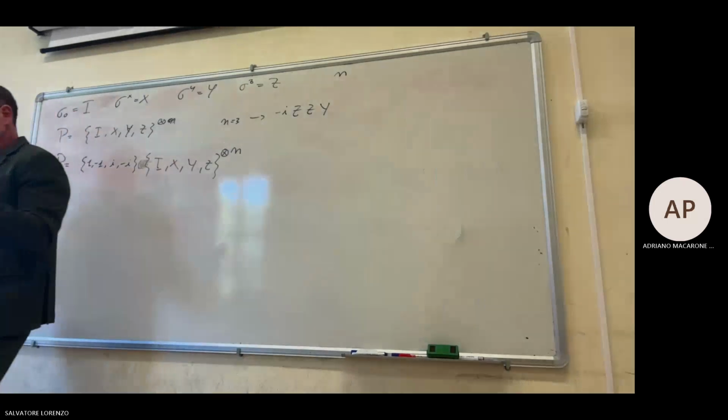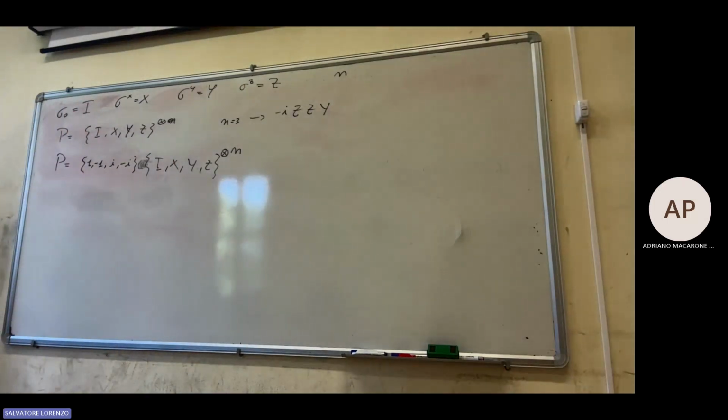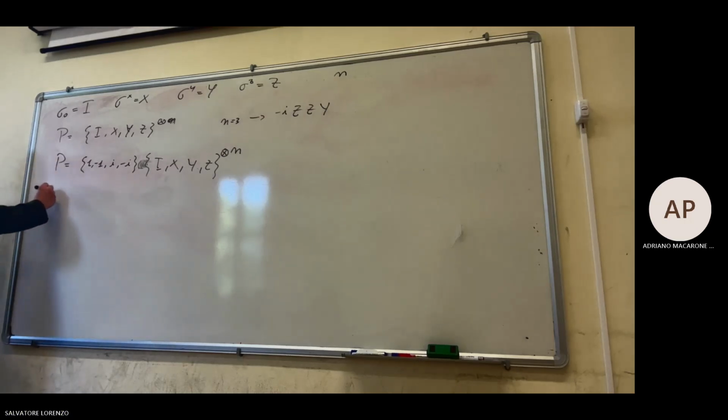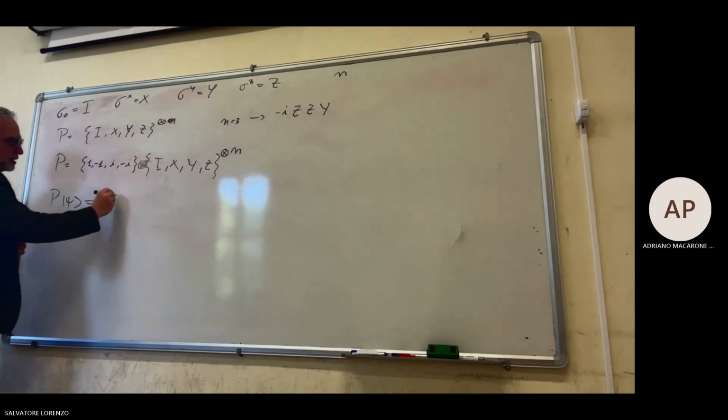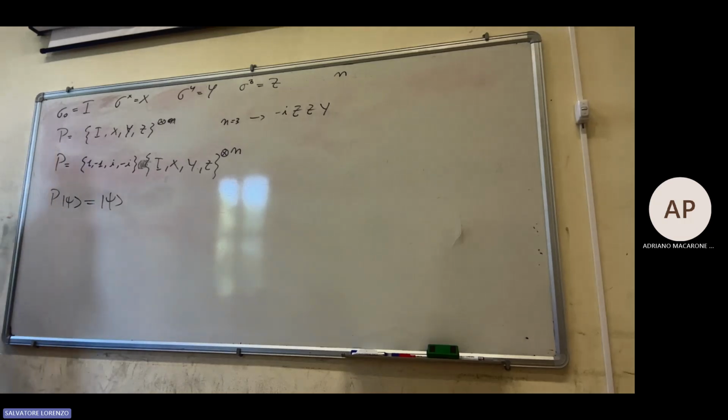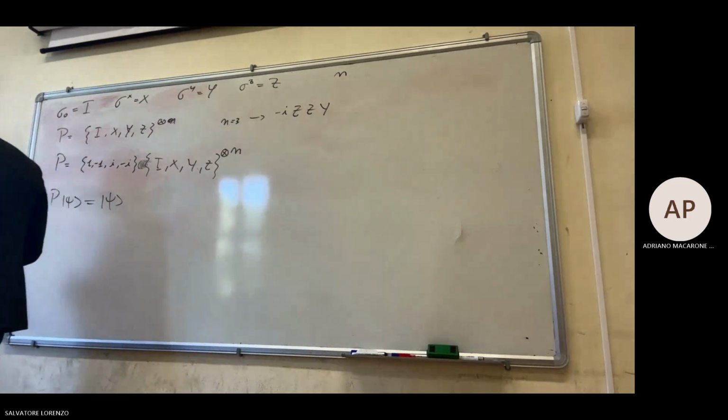Now, let's start to go towards the state. We consider a stabilizer state defined on an n-qubit Hilbert space, as a state for which there exists a particular Pauli string for which our state is an eigenstate of the Pauli string with eigenvalue equal to 1.